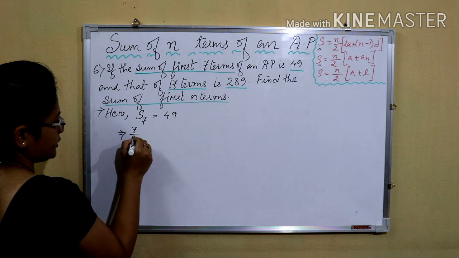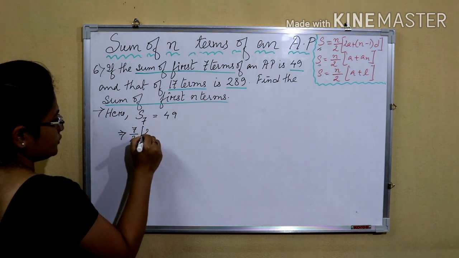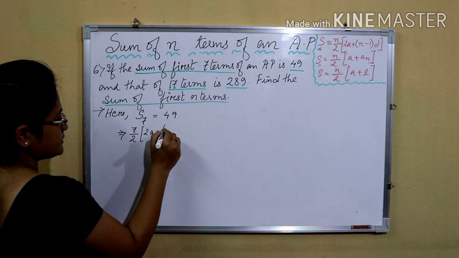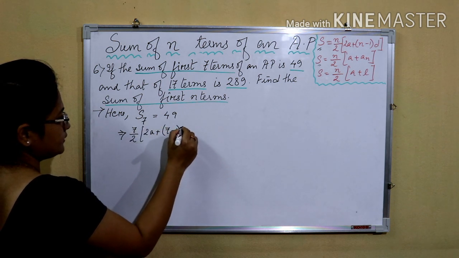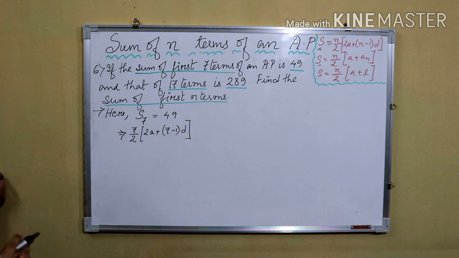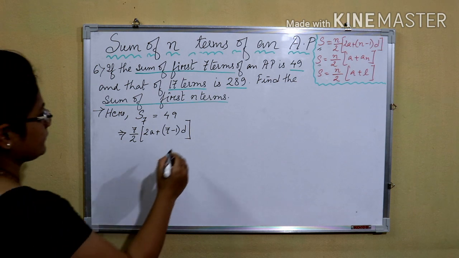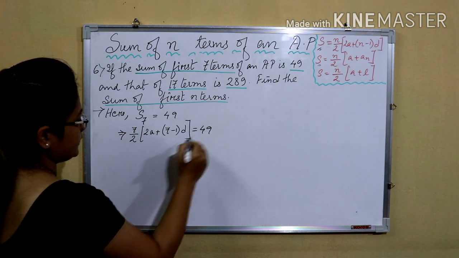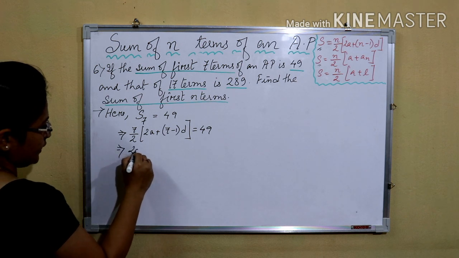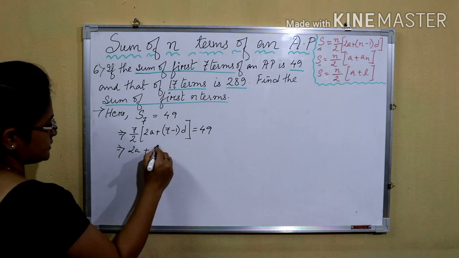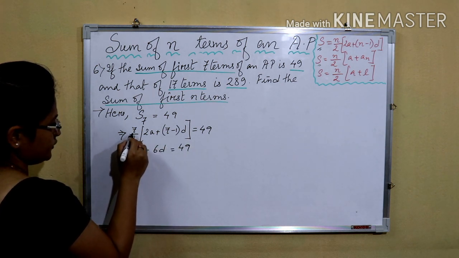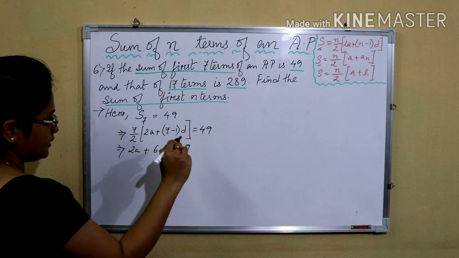So we can write 7 by 2, (2a plus (7 minus 1) d). In this case a and d are not given. So equal to 49. So 2a plus (7 minus 1) 6d equal to 49. This 7 by 2, if it goes to the other side, it will just be the reciprocal.